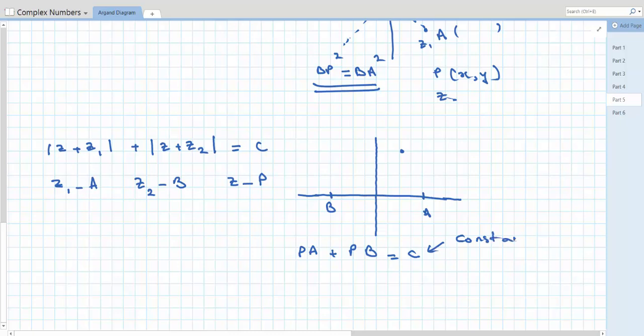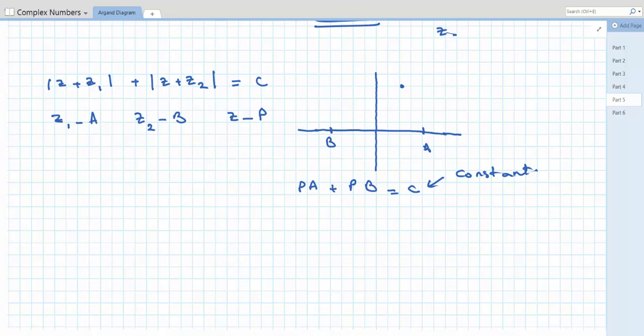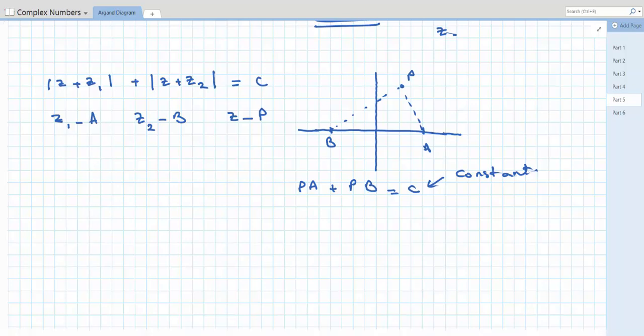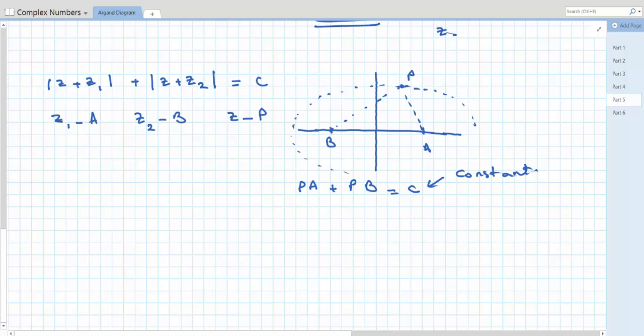Now we've seen this somewhere else. We've seen this in conics, where the distance from our two foci to the point P is a constant. So because I've already done this in conics, I know my result is going to be an ellipse.